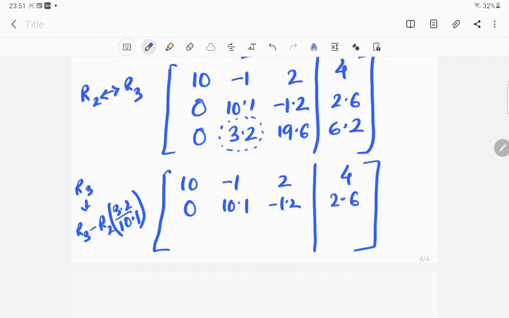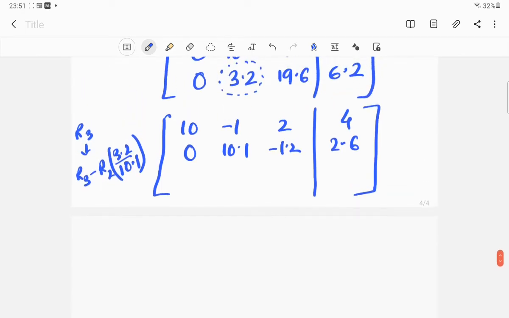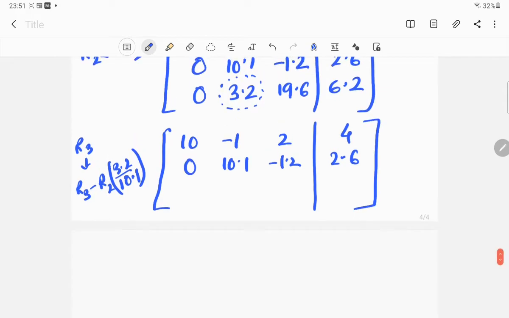For R3, the first element is 0 minus 0 into 3.2 by 10.1, so it is definitely equal to 0, no problem.